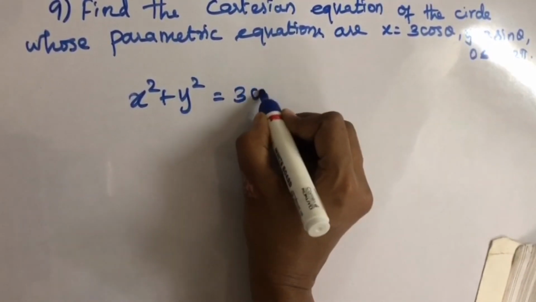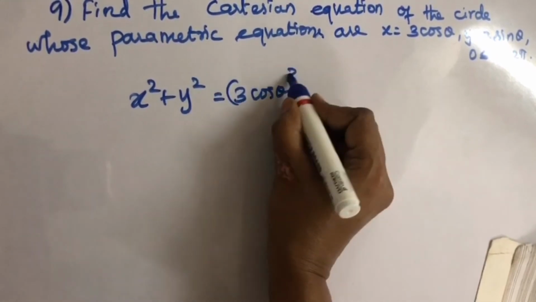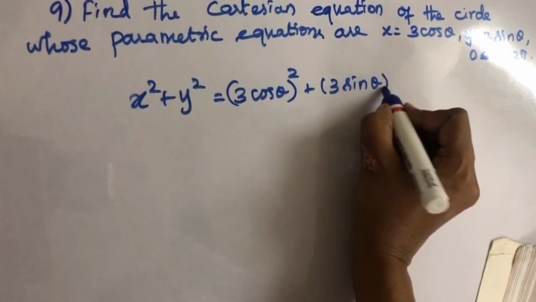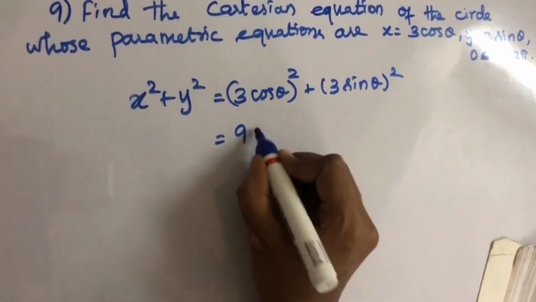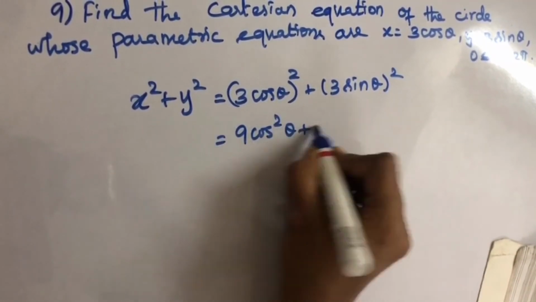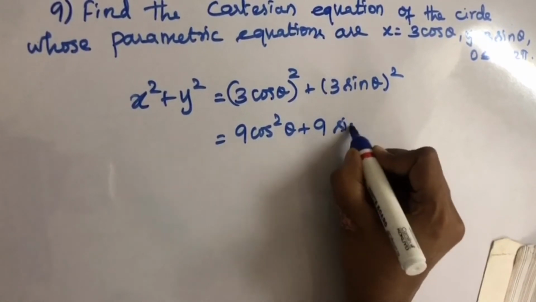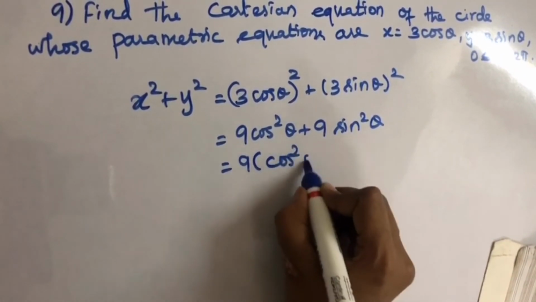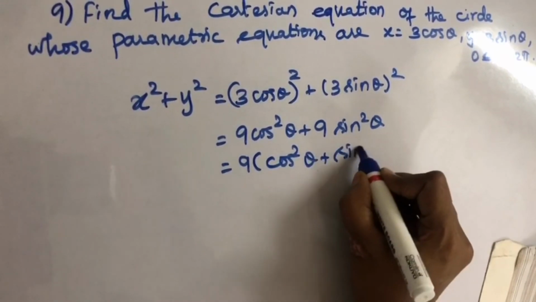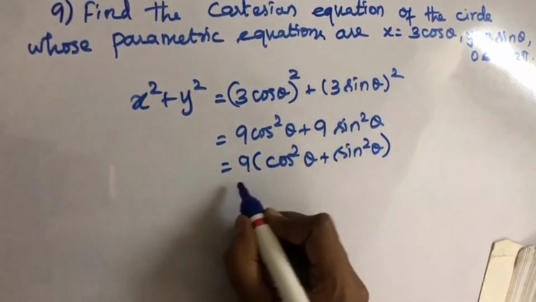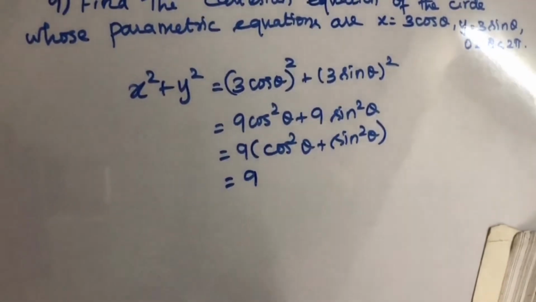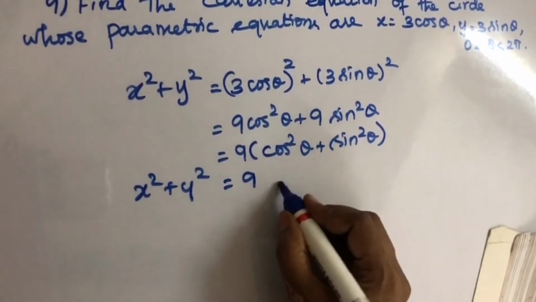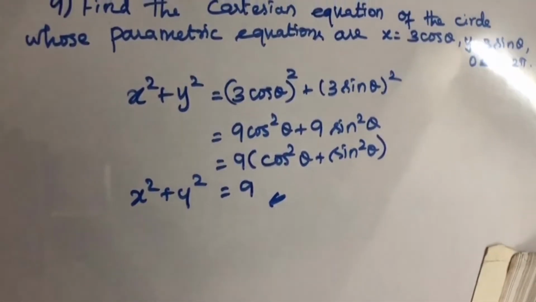It is (3 cos theta) square plus (3 sin theta) square, that is 9 cos square theta plus 9 sin square theta, 9 into (cos square theta plus sin square theta), and it is equal to 1, that is equal to 9. So x square plus y square is equal to 9. This is the Cartesian equation of the circle.